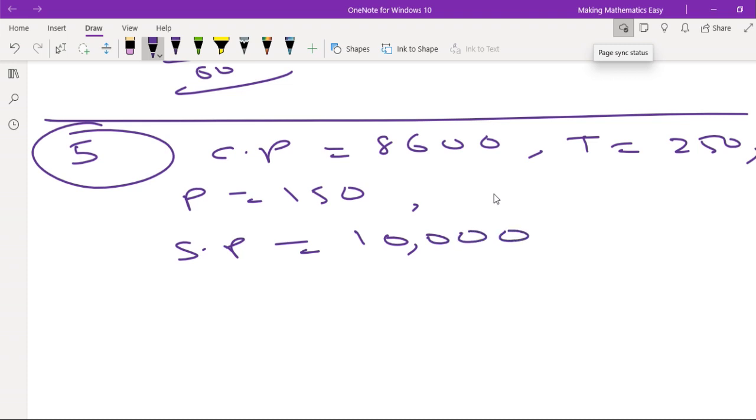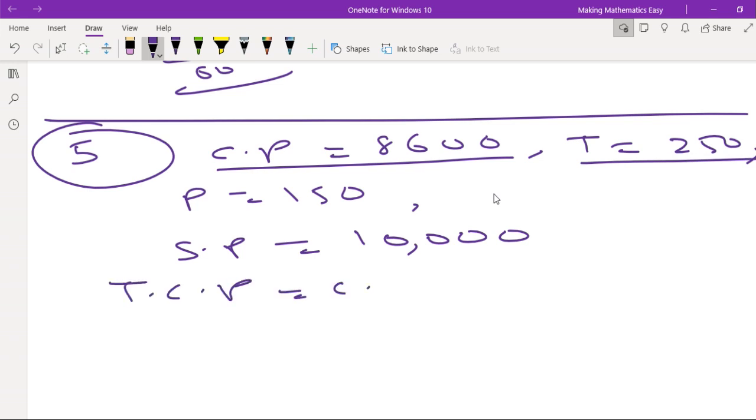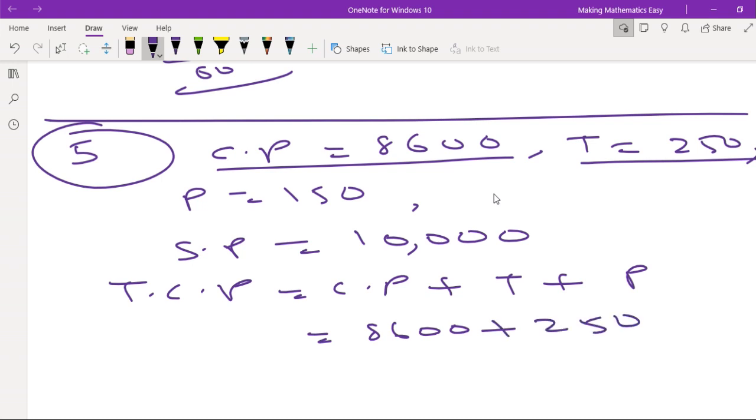So after purchasing that particular item for 8,600, the shopkeeper had to incur some expenses on transport and porterage. So our total cost price will be cost price plus transport plus porterage charges, which will be equal to 8,600 plus 250 plus this 150 rupees.